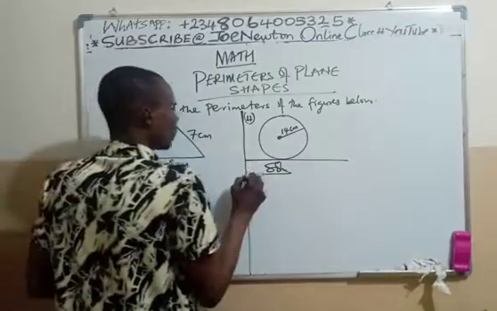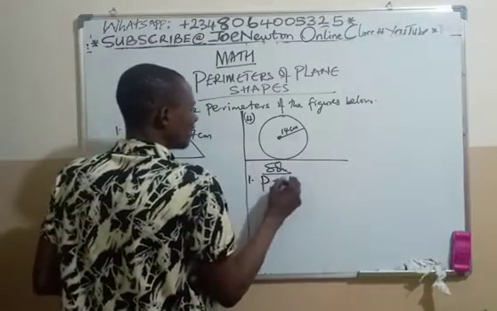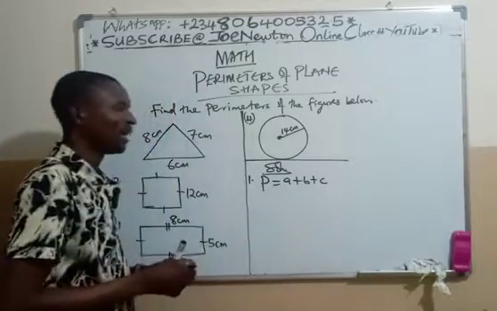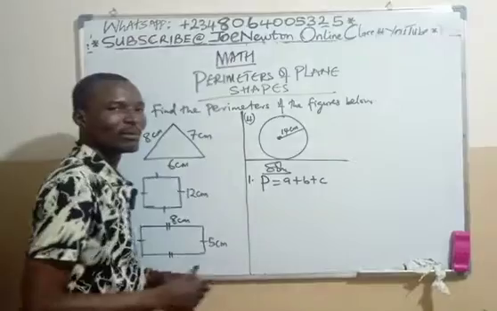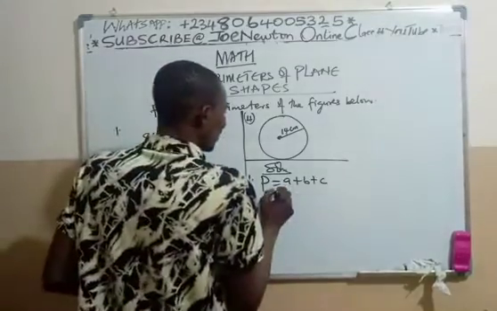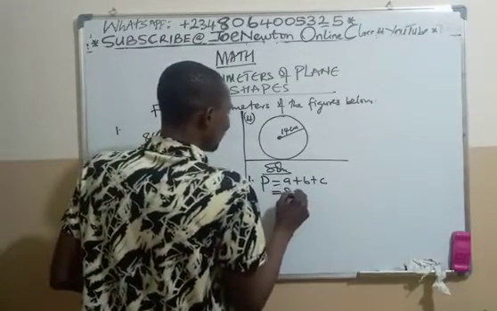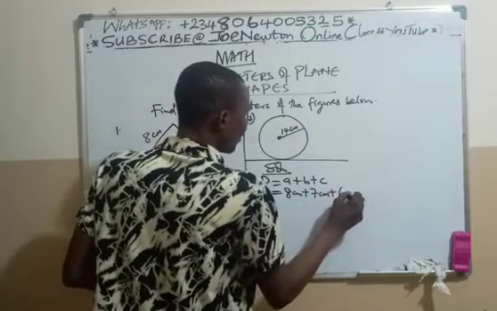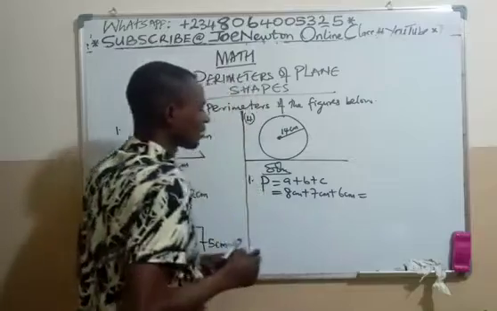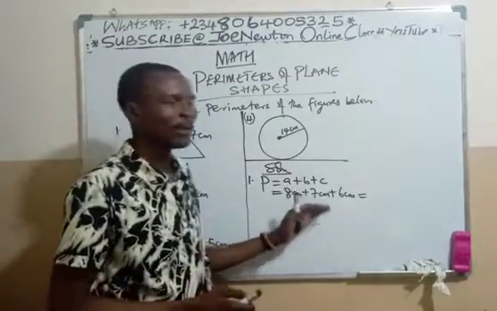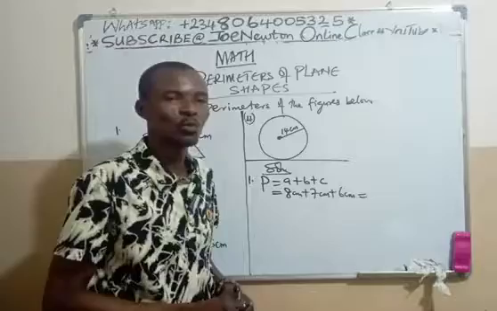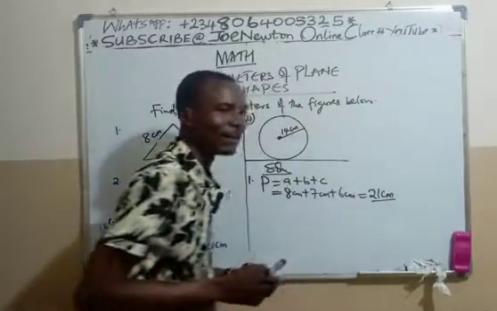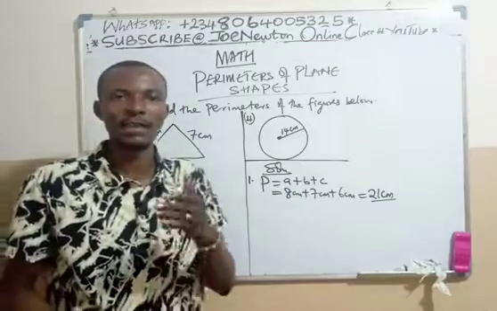So here, for number one, the perimeter is equal to A plus B plus C, where A, B, and C represent the three sides respectively, which gives us 8 cm plus 7 cm plus 6 cm, which will now give us 8 plus 7 is 15, 15 plus 6 is 21. We have 21 cm, 21 centimeter. If it is a meter, you leave your answer in meter.